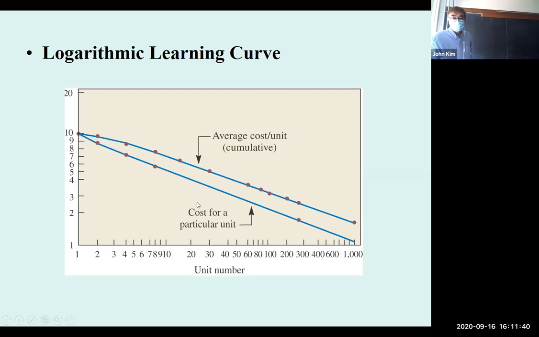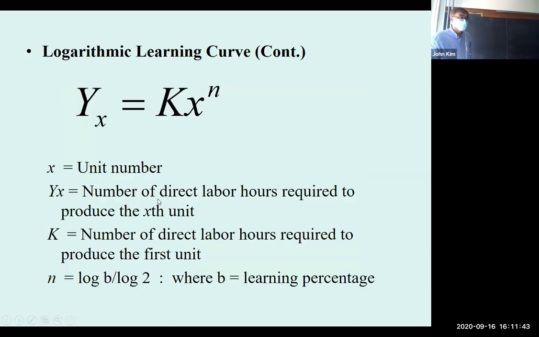Unit time Yx, on the y axis, equals K times the initial time, like 100. If it takes 100 minutes to produce the first one, K is the number of direct labor hours or cost for the first one.